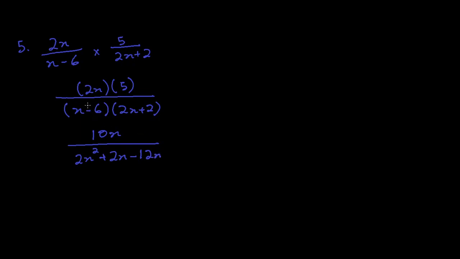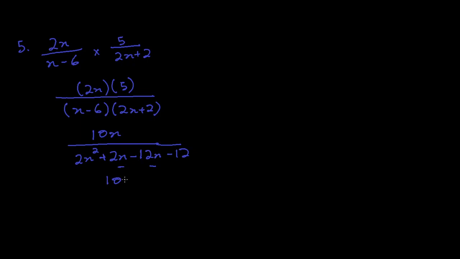Remember guys, when we multiply this term, we also take its sign. It has a negative sign. So it's minus 6 multiplied by the 2x is minus 12x. Then it's minus 6 multiplied by the positive 2, which will bring us to a negative 12. But you're not done yet. We have like terms here, so we are going to collect them.